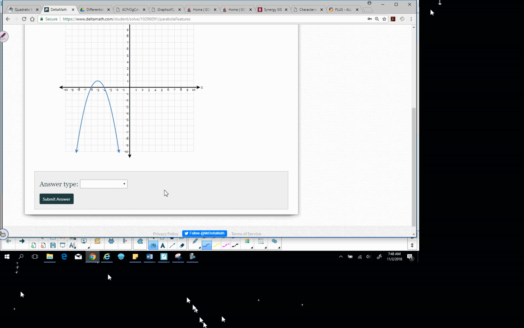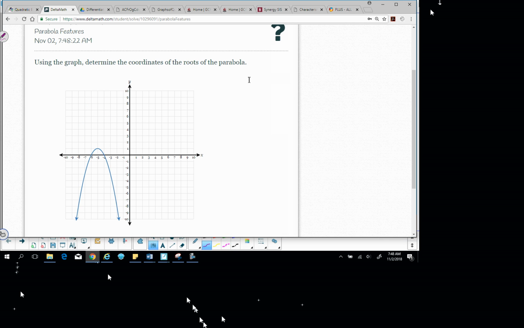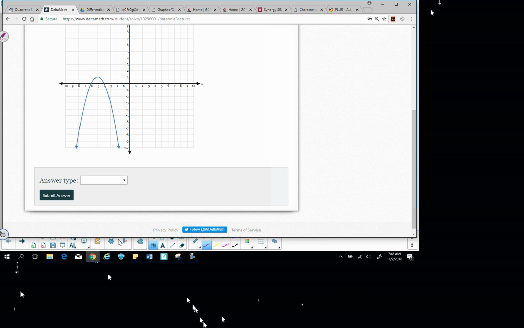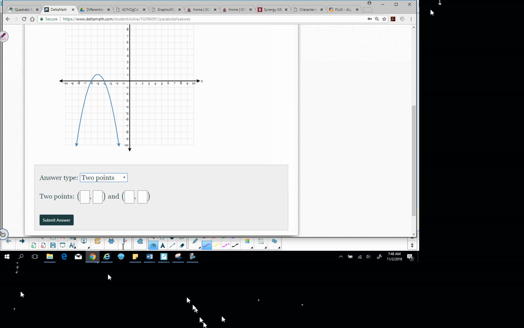So once you're done with the worksheet, I go, okay, it's asking for the roots. Roots means what? X-intercept. So I know that I'm going to have 2 points. And so I could see here it's (-6, 0). And I could also see it's (-4, 0).